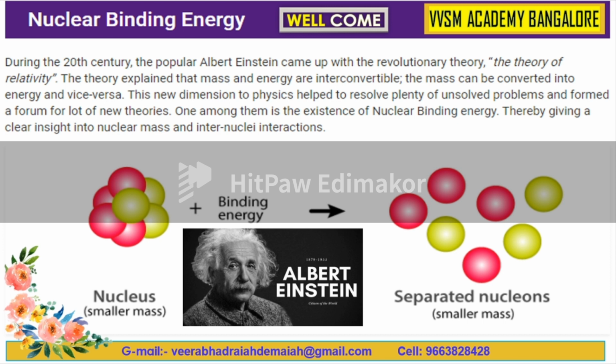Einstein's mass-energy relativity is a wonderful phenomenon in modern physics. The theory explained that mass and energy are interconvertible. A wonderful thing: mass can be converted into energy, and energy can be converted into mass.